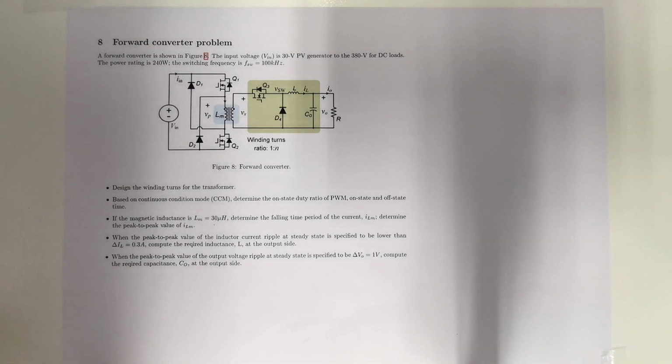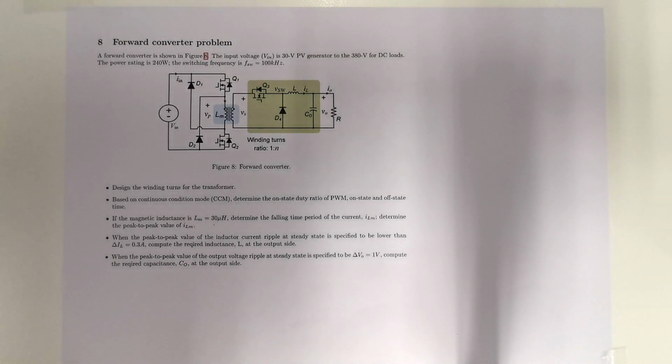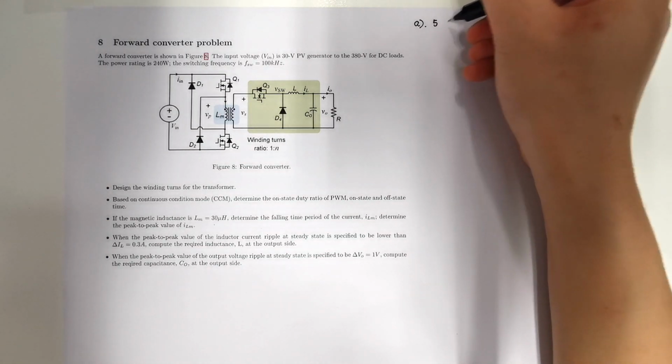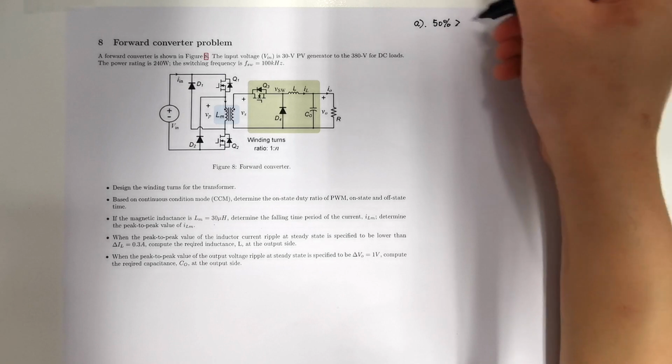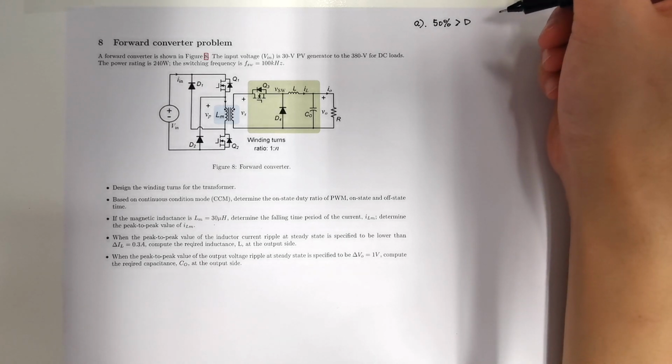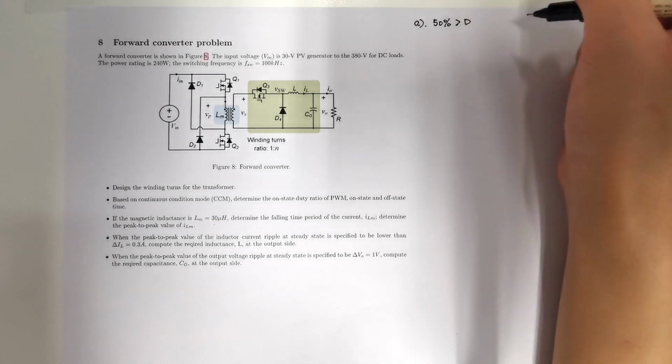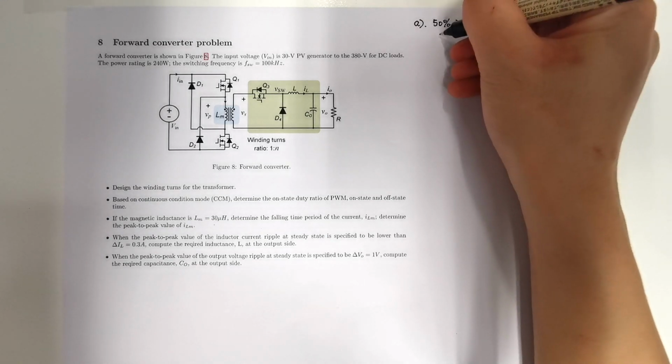Okay, let's do this forward converter problem together. In this question, our input is 30 volts and our output is 380 volts. Our frequency is 100 kilohertz. The first question asks us to design the winding turns of the transformer. Because our duty cannot be higher than 50%, we use 50% as our limit to calculate the turns.